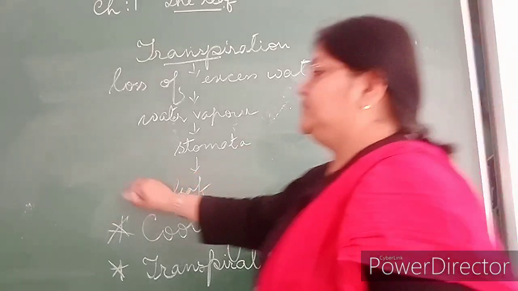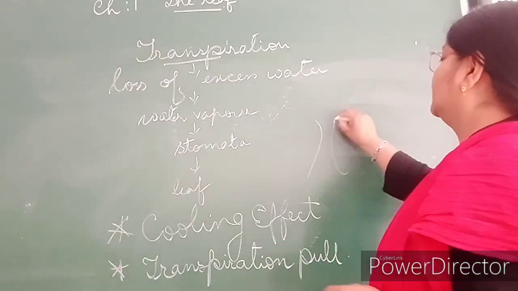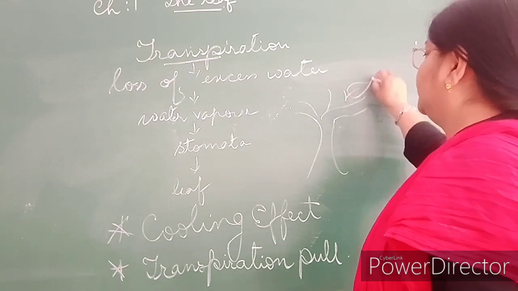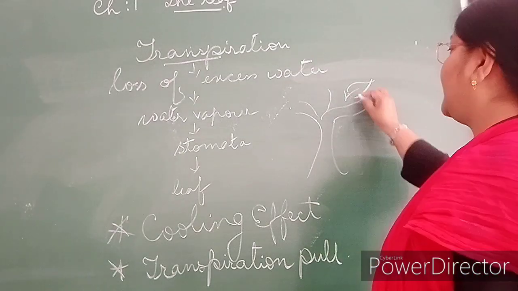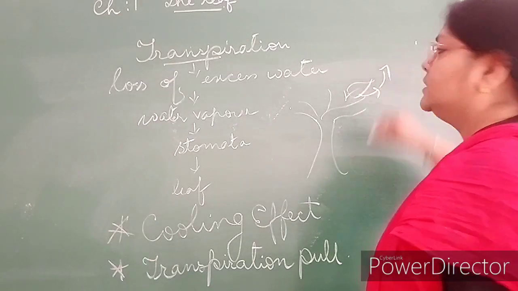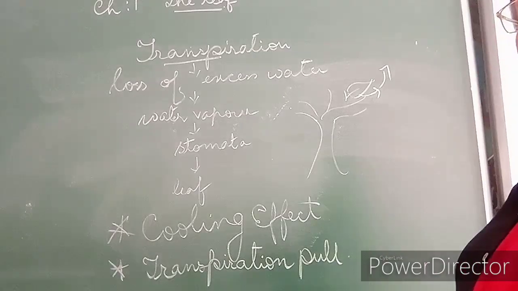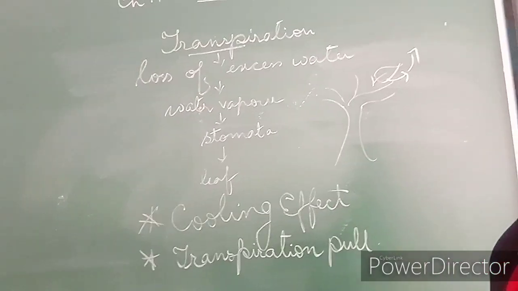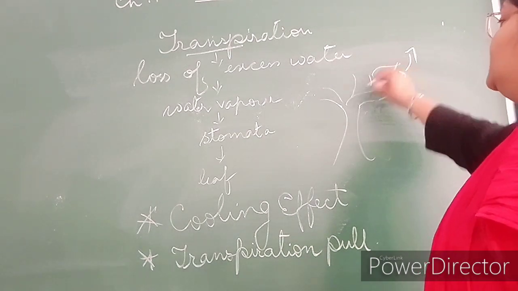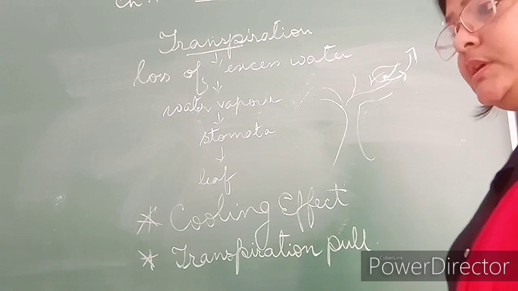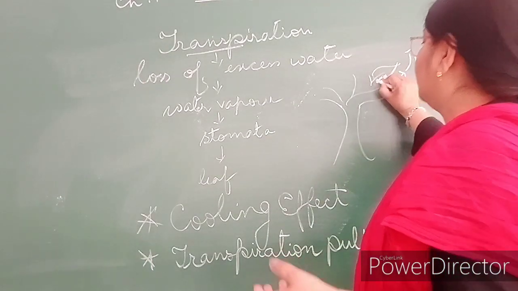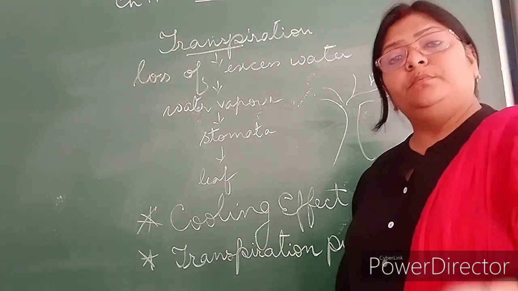If we draw a plant, very quickly, the leaf of the plant, the stomata in the leaf is losing water. Now what happens? This stomata creates an empty space and it now needs more water. So it pulls water from the cell beside it.